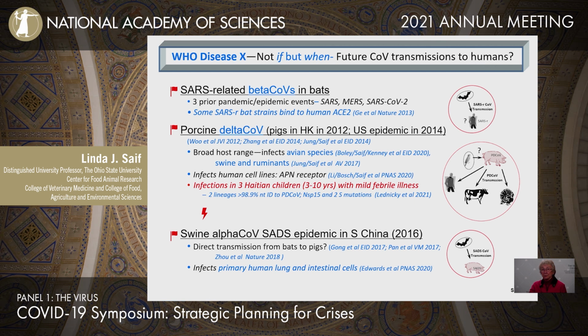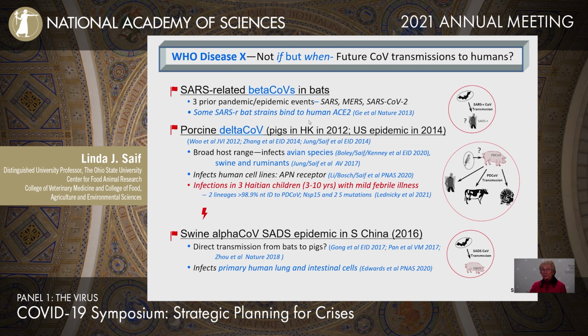So WHO has postulated the next pandemic could be due to disease X, and they also indicate this is not a matter of if but when. And it's also possible we will see future coronavirus transmissions to humans. So if we look at some of the red flags for this possibility, the first one are the SARS-related beta coronavirus in bats.